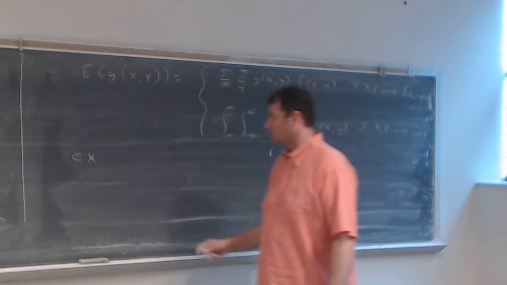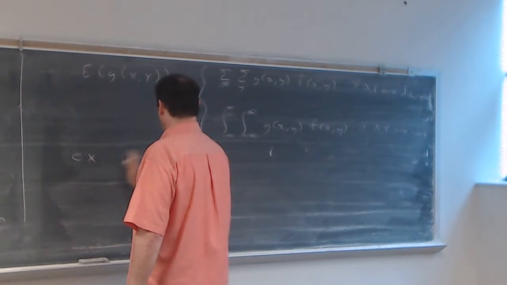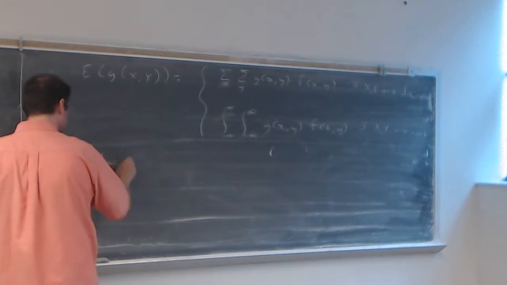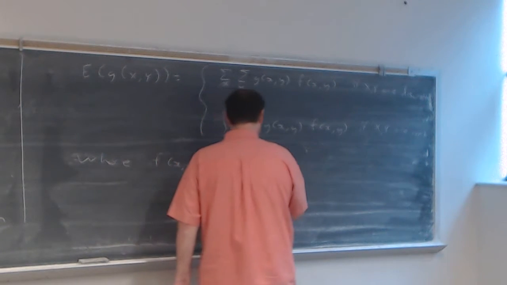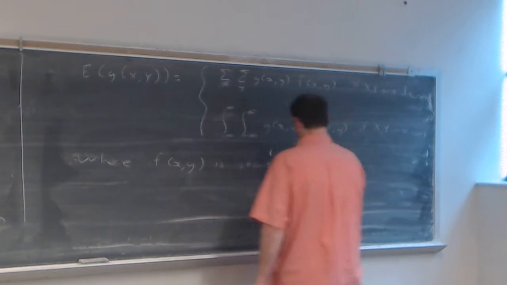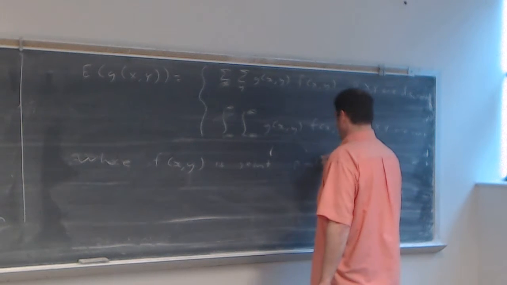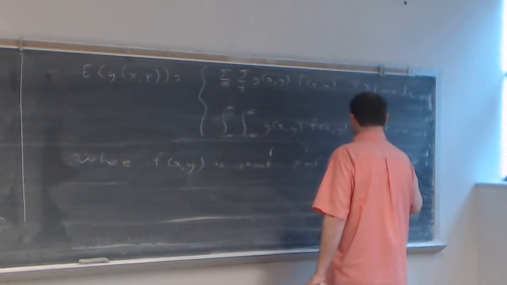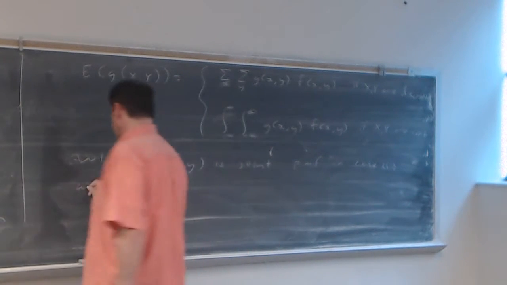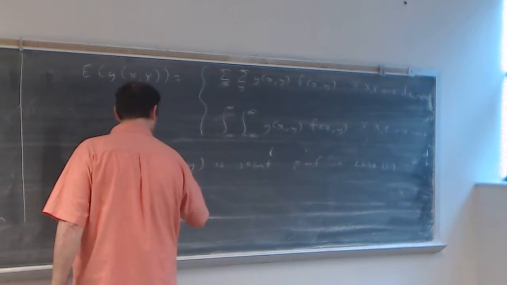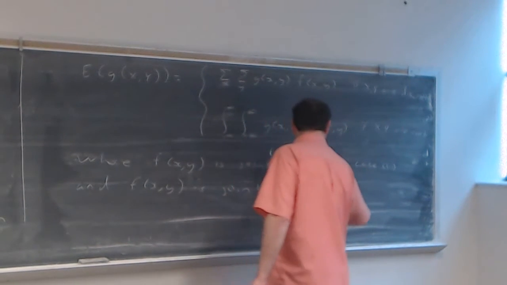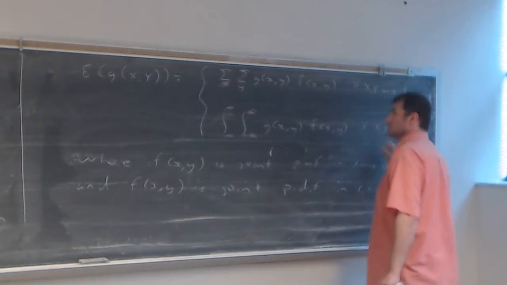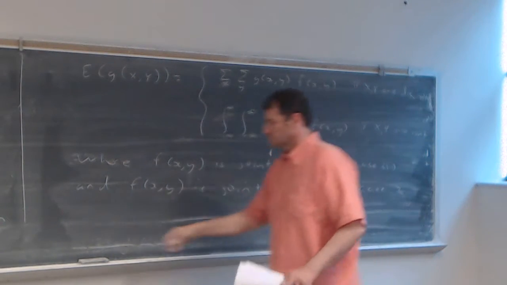I should say that f of x comma y is the joint PMF in case 1, and f of x comma y is the joint PDF in case 2.